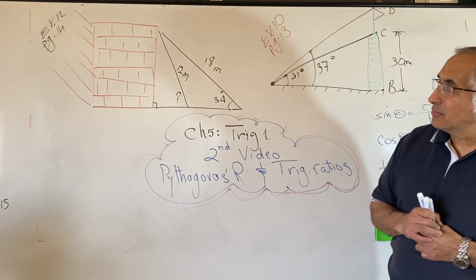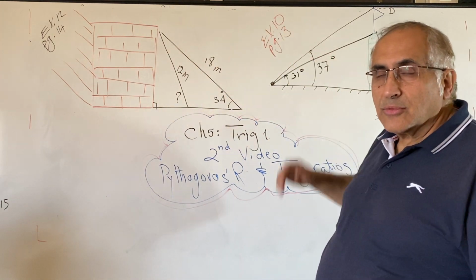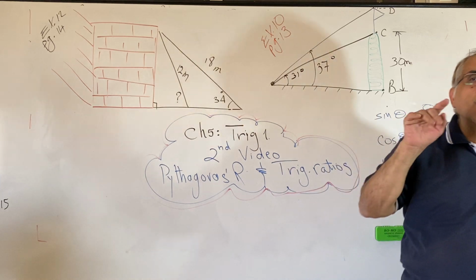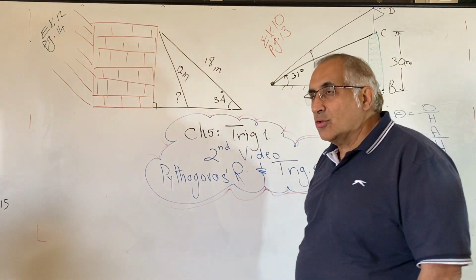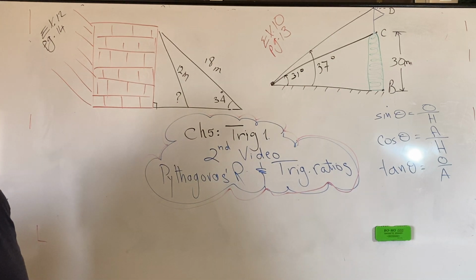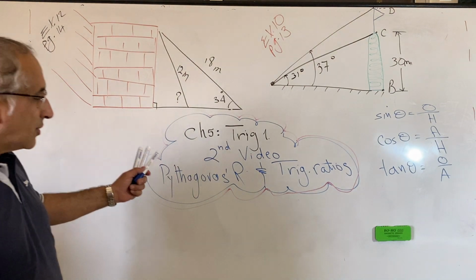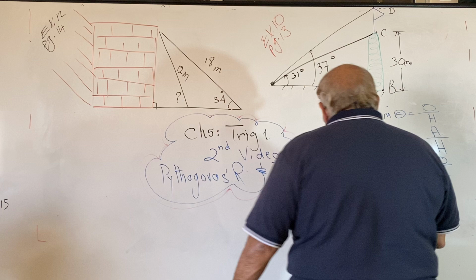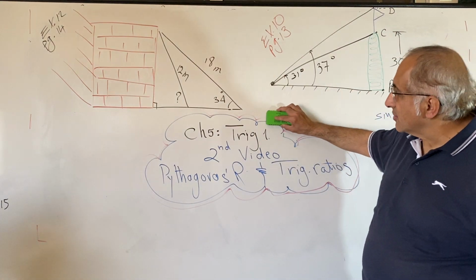So I'm going to give you 2 examples. Those examples are in your lecture notes. I'm going to solve them and finish. This chapter, all the questions are about right angle triangles.